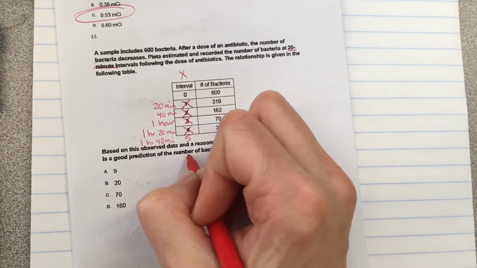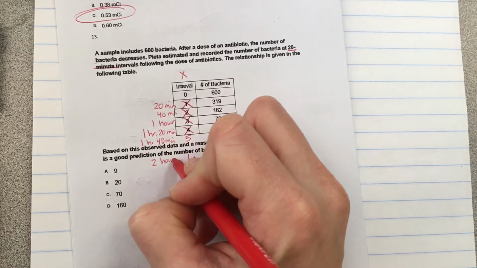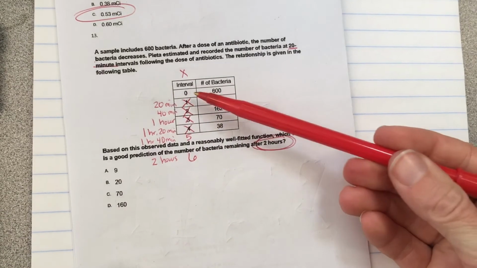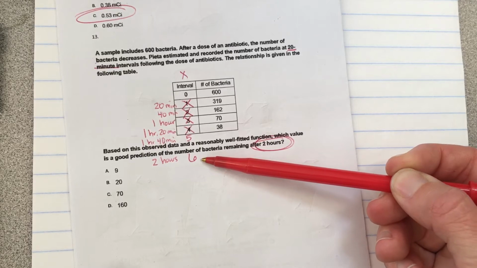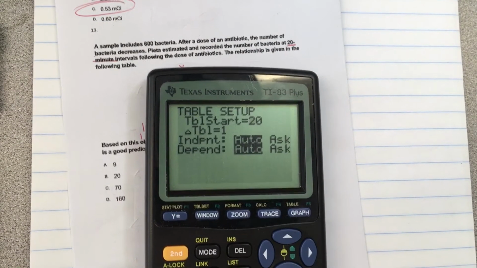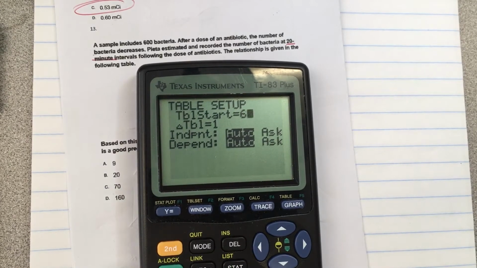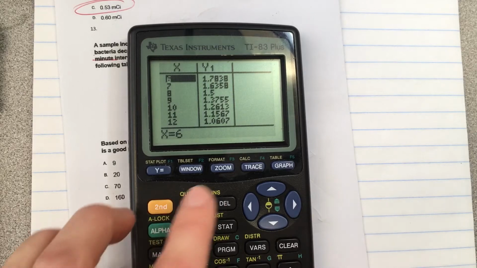So if I get to 6, that would be what? 2 hours. So I'm looking for what it's going to be at what? 6. So when I go to second window, I type in, what am I typing in? 6. Second graph. And what is it at?